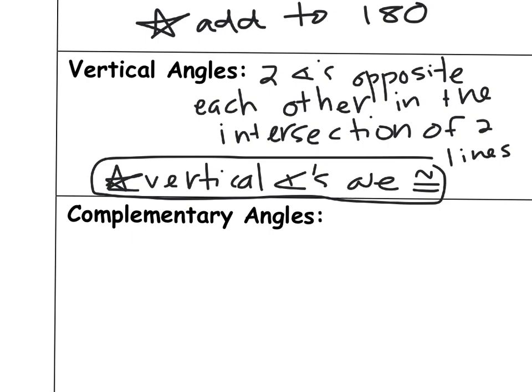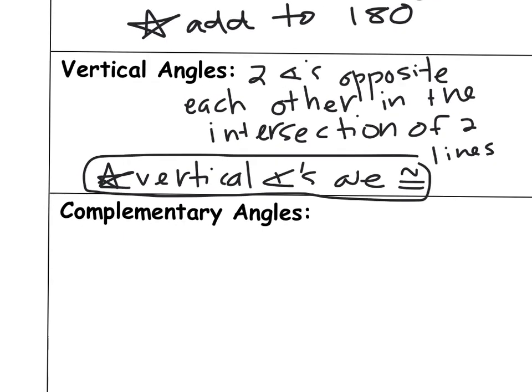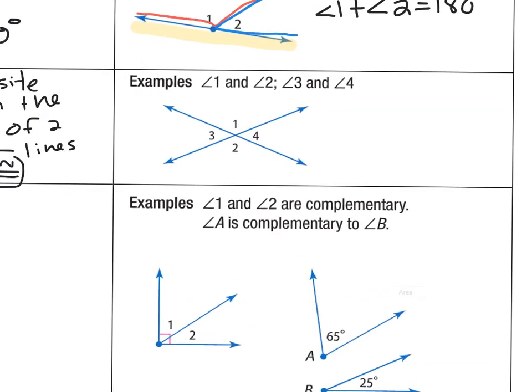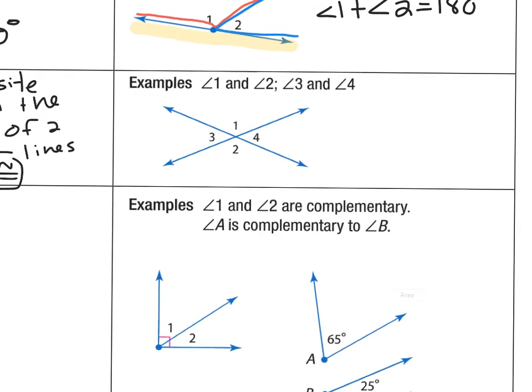All right, so let's look at our picture to see if we can find two angles opposite each other in the intersection of two lines. So here's our two lines, line 1 and line 2. When they intersect, they form four angles, 1, 4, 2, and 3. Angle 1 and 2 are vertical because look at angle 1 is right here. It's opposite angle 2.